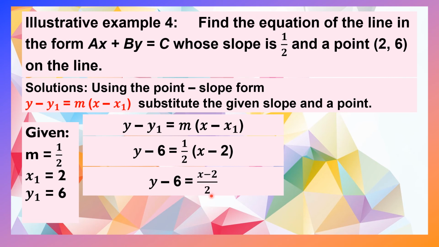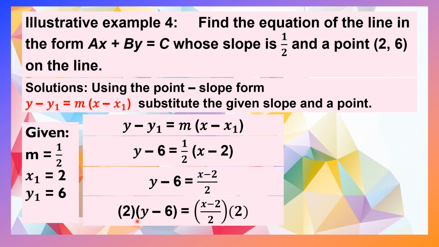So, pag may LCD na, i-multiply natin sa both side of the equation. So, yung 2 natin na LCD ay i-multiply ko sa y minus 6 at i-multiply ko din siya dito sa x minus 2 over 2. So, multiplying now, 2 times y is equal to 2y.